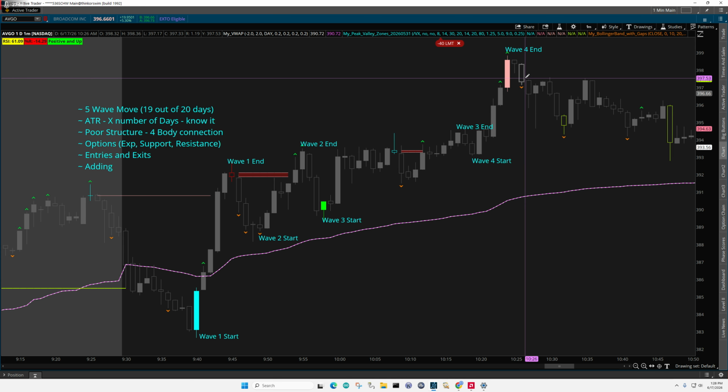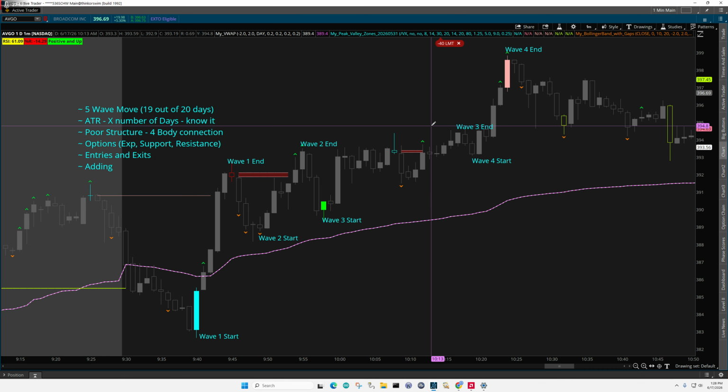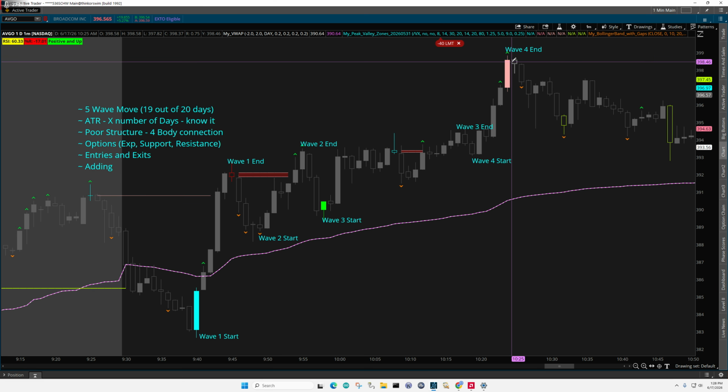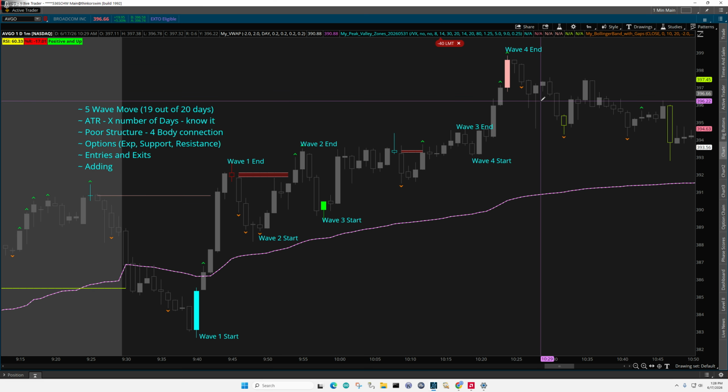So only on the wave 5 would you ever market it out, because if you believe in the 5-wave process, and you consistently see it with what you're trading, it will make that 5-wave move, then you should always be selling into strength, not selling into weakness. That will help you maximize the profits in your trading.